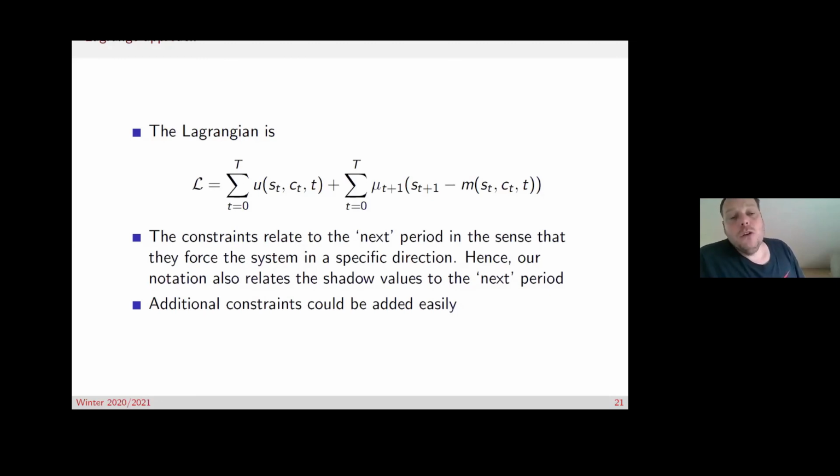And what we then do is basically the same as you did in your first, second, third, and so on bachelor semester. We are looking for the first order conditions for every control and every state, and having this at hand, we can then derive the optimal control, so the optimal plan that we want to follow.